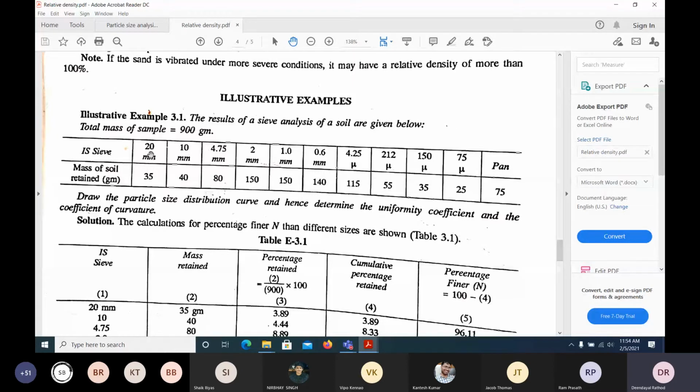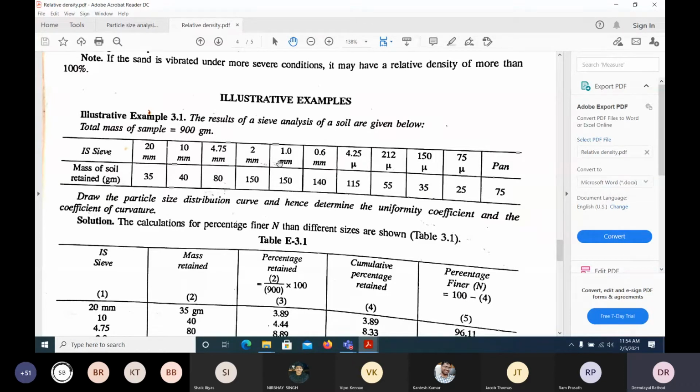So in line we'll keep this pan at the bottom, over that the 75 micron, then 150, 212, 425, 600 micron, 1 mm, 2 mm, 4.75 mm. So from 75 micron to 4.75 mm is sand, and above 4.75 we have gravel.